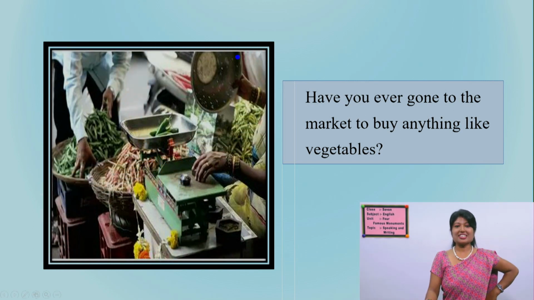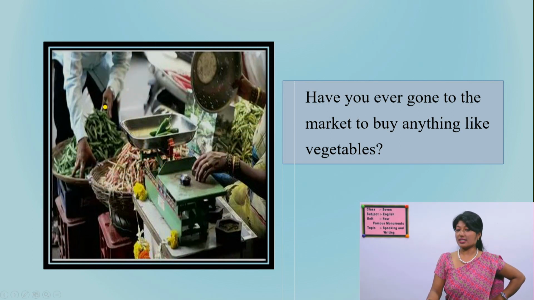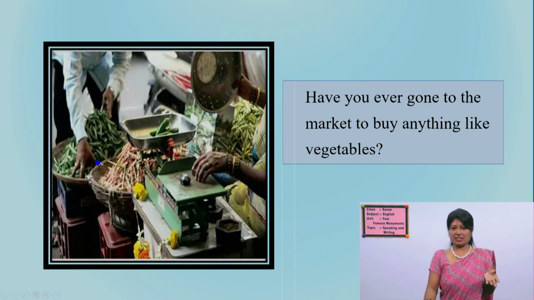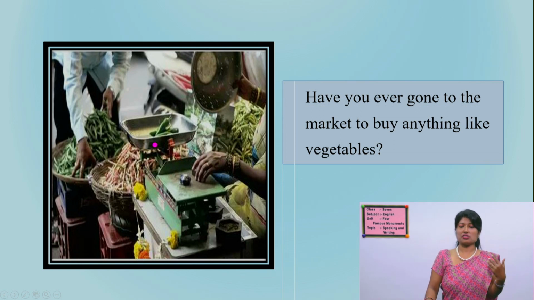Yes, okay, this is the picture of a vegetable market, right? In the market, we can see such a weighing machine, scale or weighing machine, to measure the quantity of vegetables. So whatever vegetables you buy, maybe potato or carrots, onion, tomato, the shopkeeper measures like this.